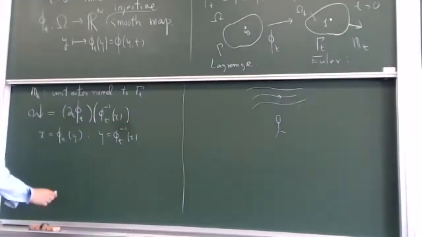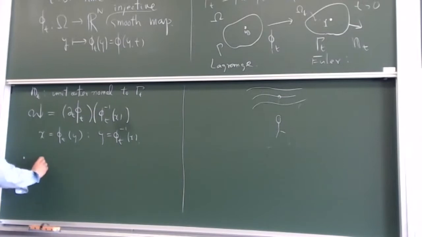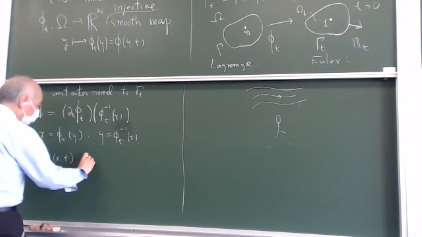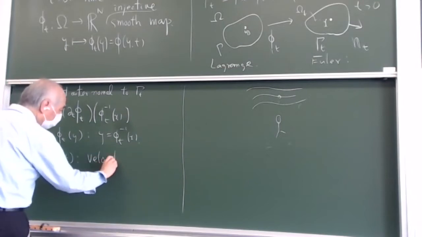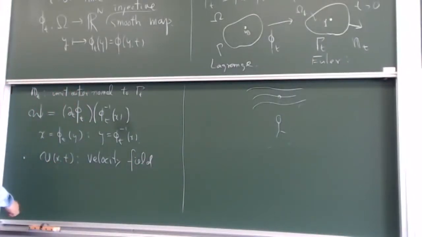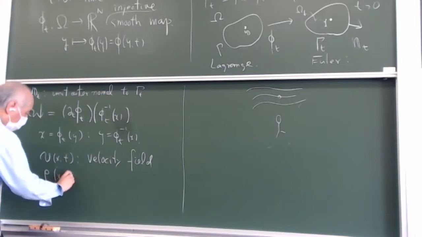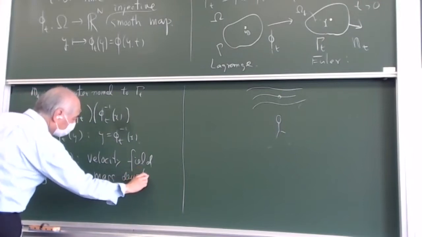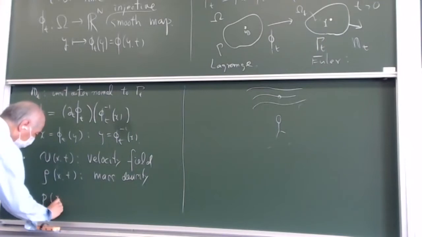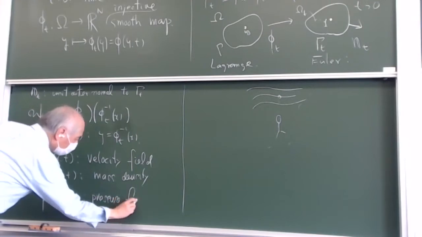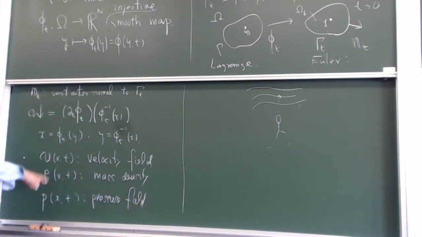Anyway, last time, v(x,t) is the velocity field in the Euler coordinate, rho(x,t) is the mass density, and p(x,t) is the pressure field. These quantities are given in Euler coordinates.